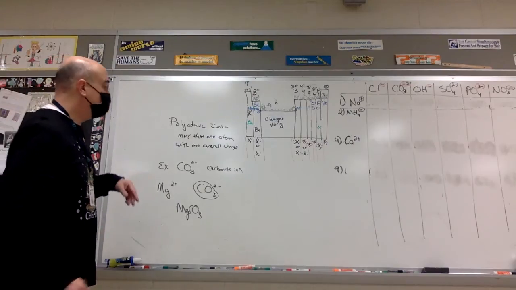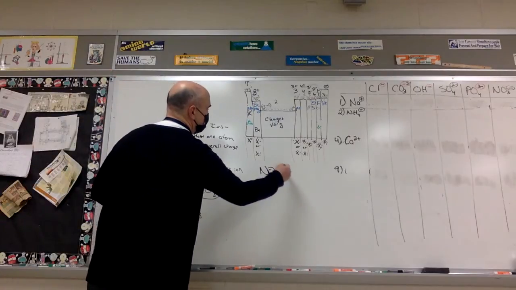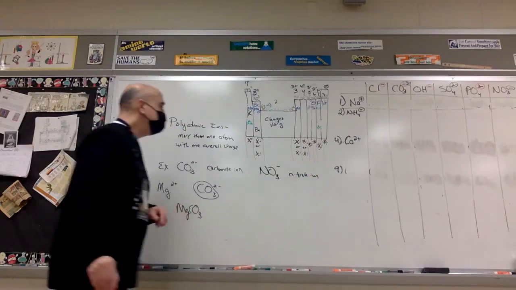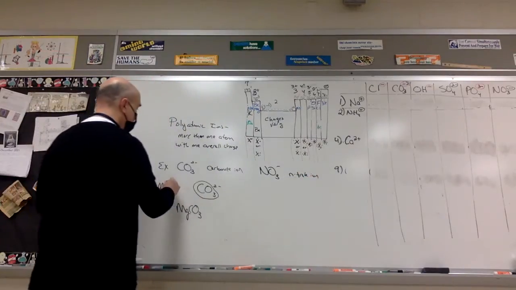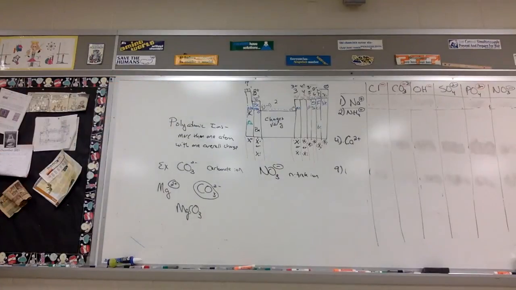Okay. Let's say another one is nitrate. So let's say I want to put the magnesium with the nitrate. Magnesium's +2, nitrate's -1. So what ratio are they going to?